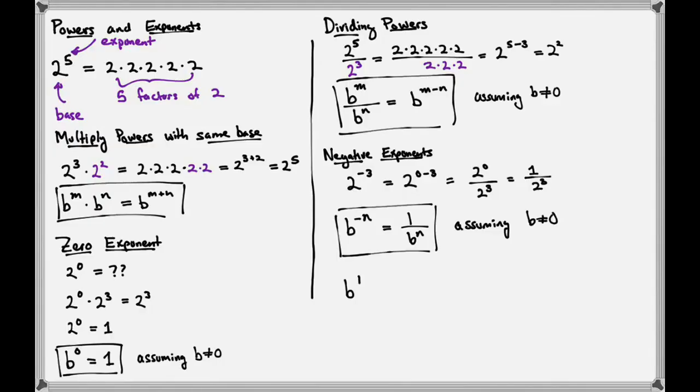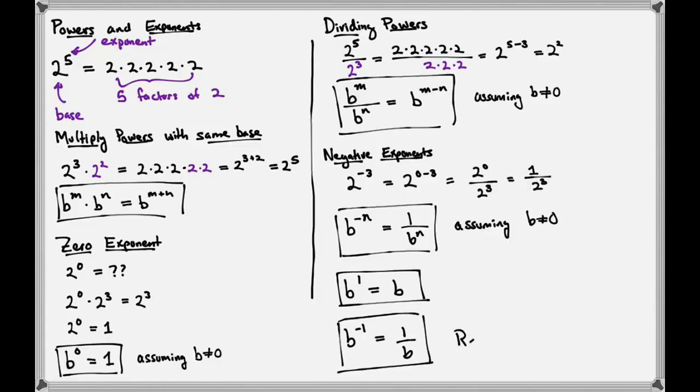Some special cases, if I think about b to the 1, this has a clear meaning. It just means one factor of what I'm multiplying together. So that would just be b itself. So b to the minus 1 would be 1 over b. And that value there is the reciprocal of the number b.